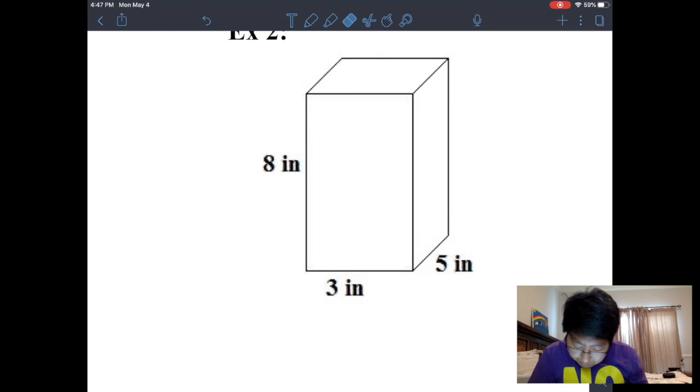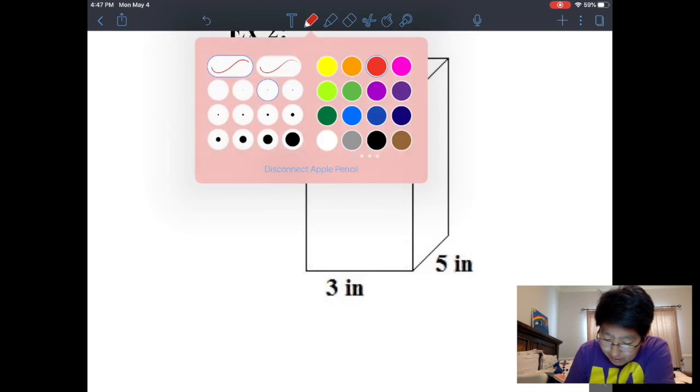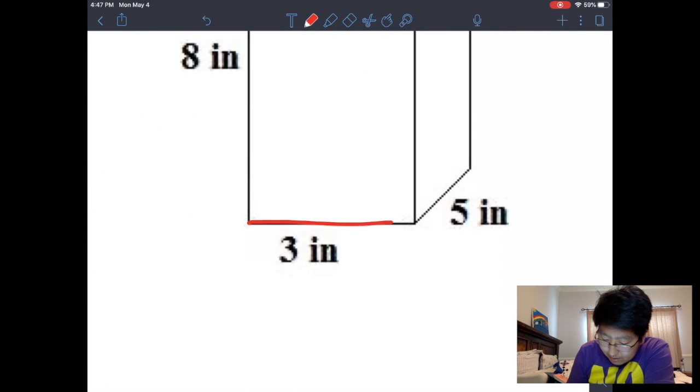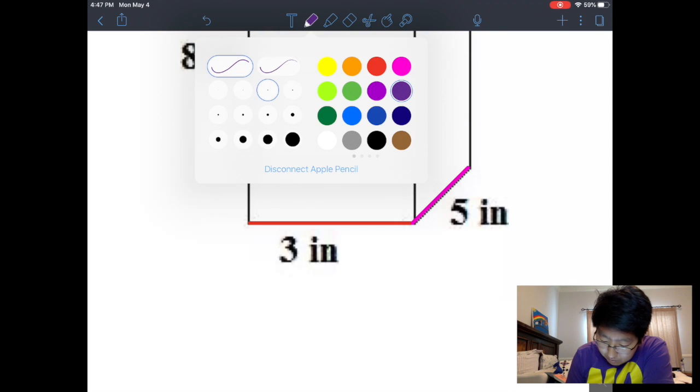So we need to do the same exact thing. Let's start with red, pink, then blue. So red, we're going to find the area of this rectangular prism. So we need to find the base of this rectangle. And technically, I'm going to help you guys out.